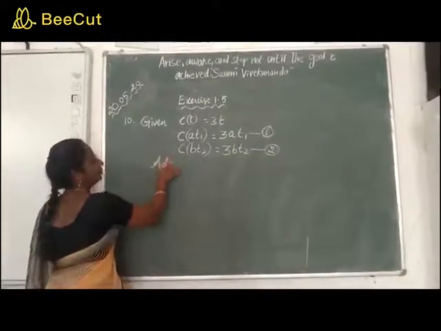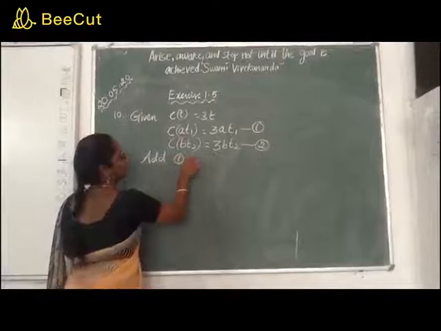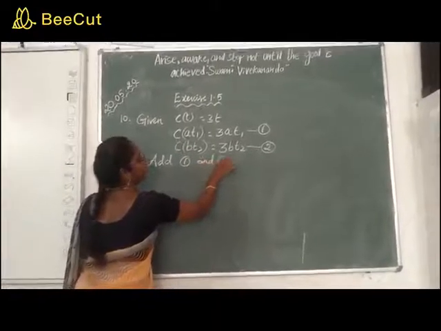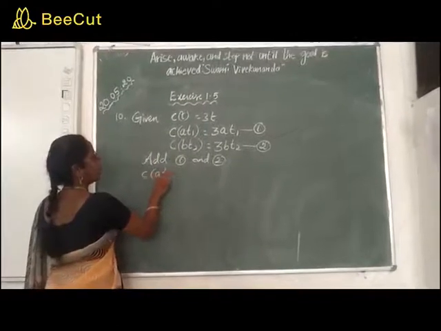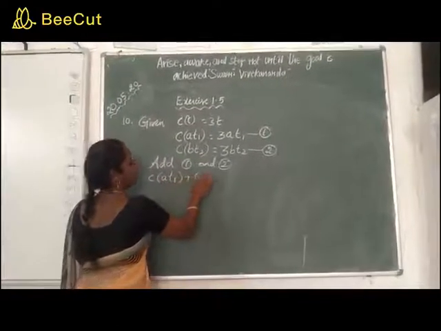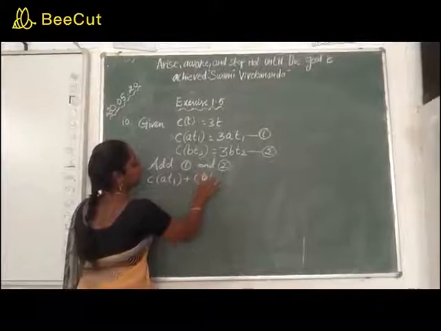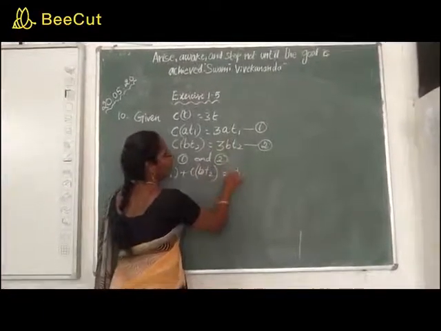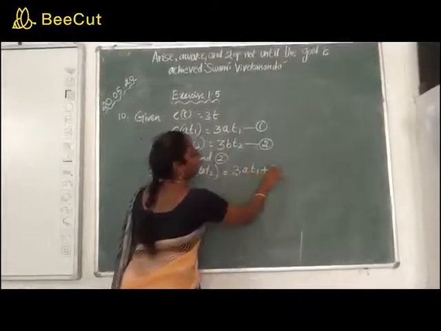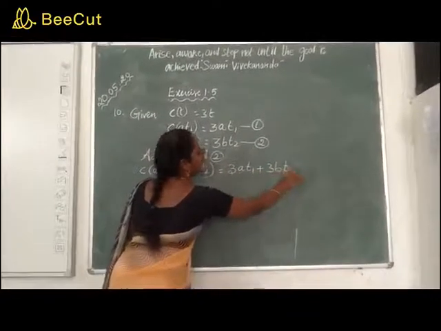Add 1 and 2. So we add the LHS, C(a t1) plus C(b t2), equal to the RHS value 3a t1 plus 3b t2.